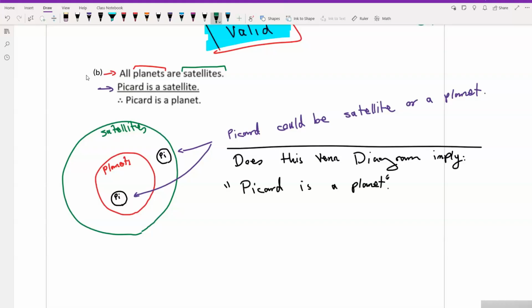No, because I may have that part here inside satellite only, not in planet, because Picard could be outside the planet. Meaning this argument is invalid.